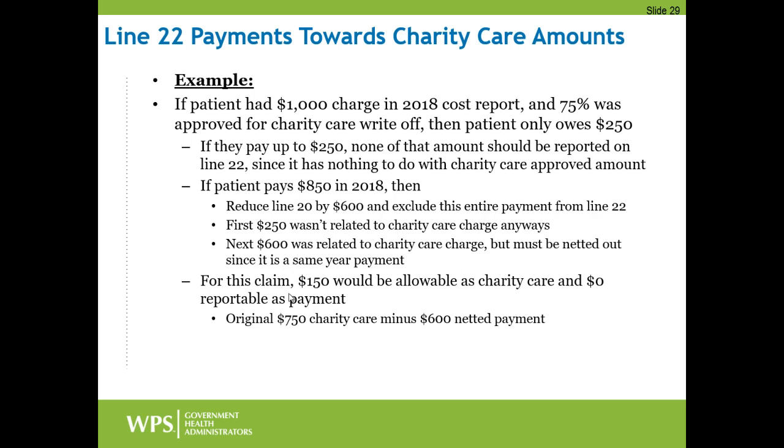So for this situation, we said they paid $850 out of a $1,000 charge. There's $150 left. That's going to be reported in line 20 as the charity care charge, and there is no amount to be reported as a payment in line 22. So the original $750 charity care minus the $600 that was removed because it was a same year payment.